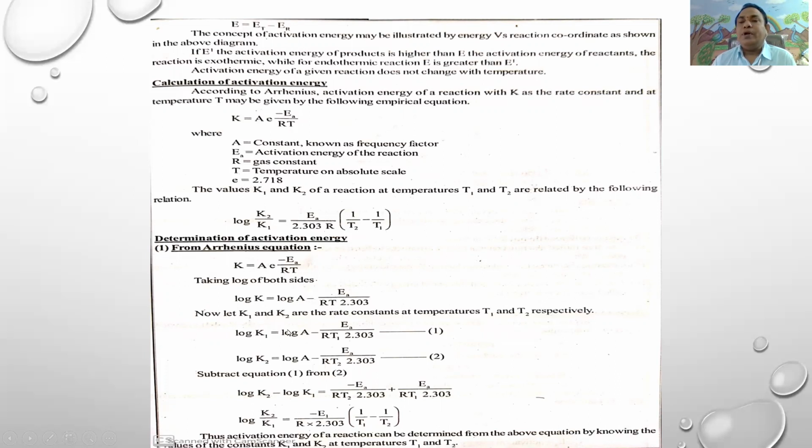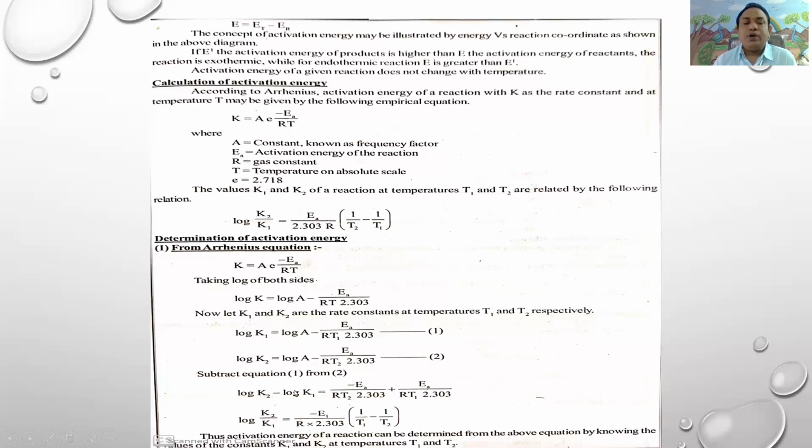Here at different temperatures T1 and T2, the rate constants are K1 and K2. That is log K1 equal to log A minus EA by 2.303 RT1, equation number 1. Next, log K2 equal to log A minus EA by 2.303 RT2, equation number 2.